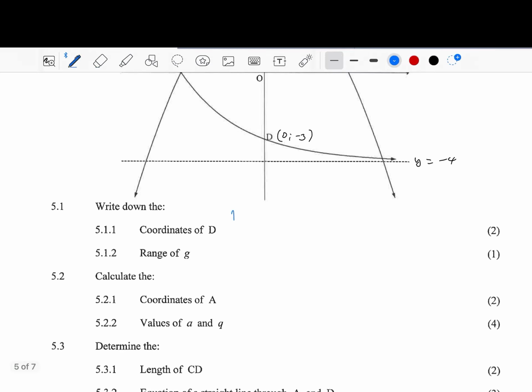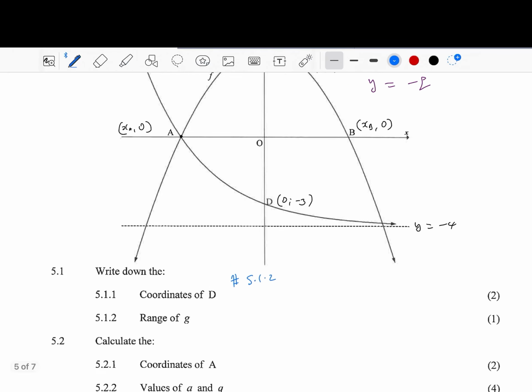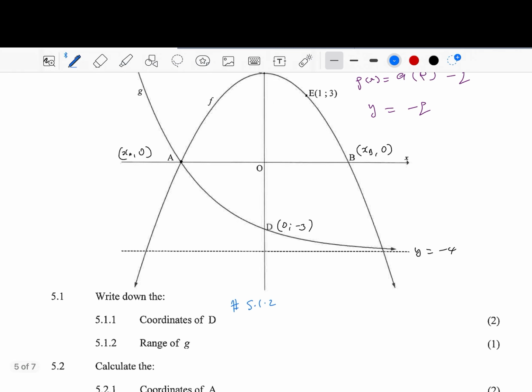Now 5.1.2, they want us to calculate the range of G. So what is a range? Range is like a domain, right? Range just means the area where this graph could possibly exist.